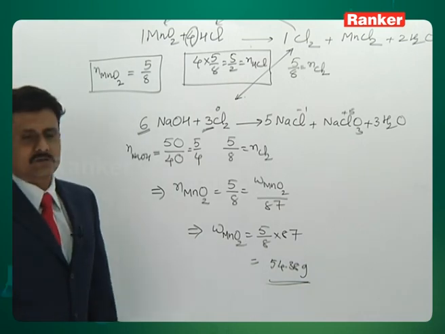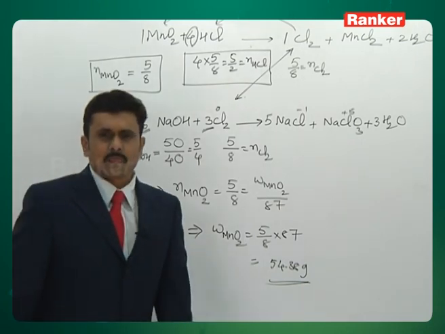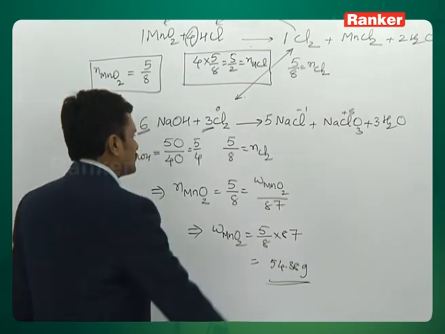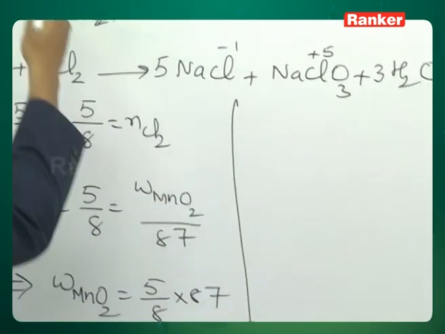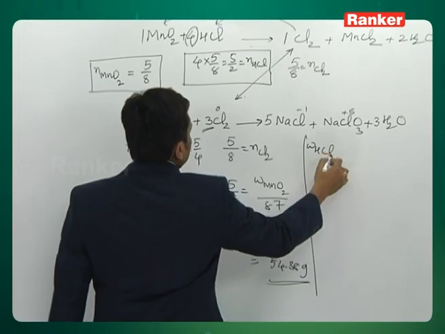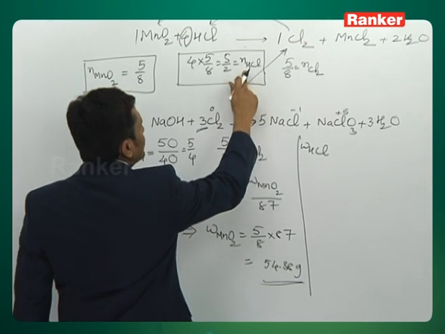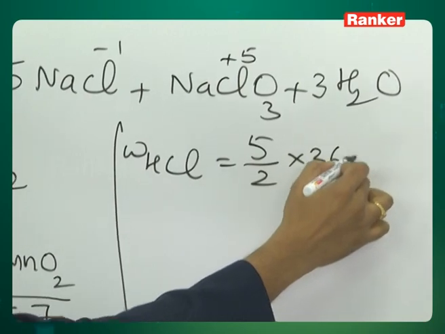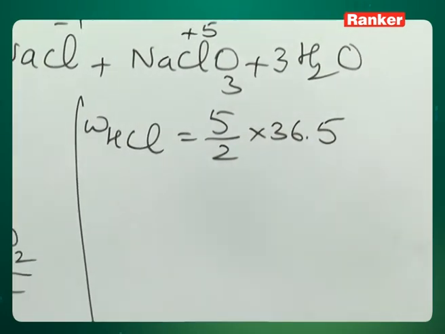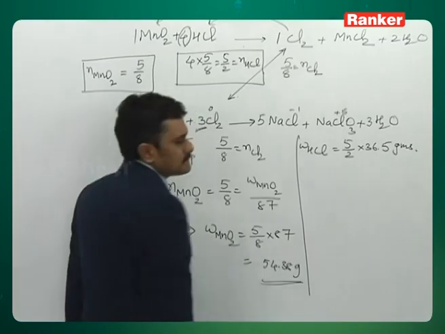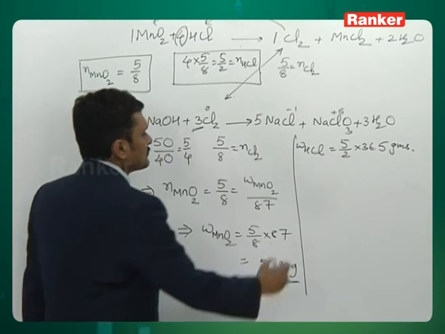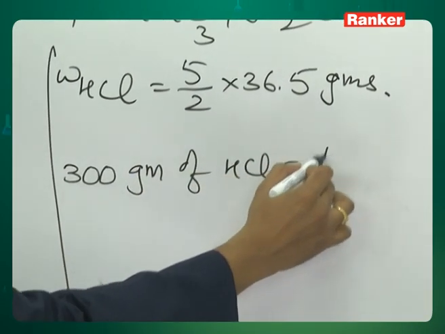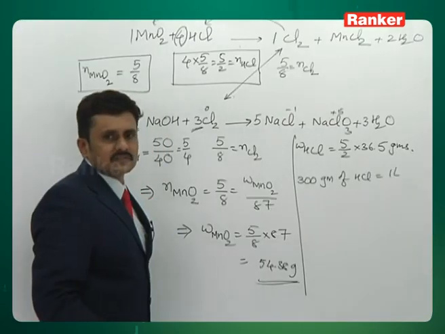And moving on further, you had also been asked to find the volume of HCl containing 300 grams per liter. First, I will find out the weight of HCl from this, because you know number of moles is weight by molecular weight. If I multiply the number of moles with molecular weight, I will be getting the weight of HCl. So this many grams. Now as per the information given, 300 grams of HCl is present in 1 liter of solution.